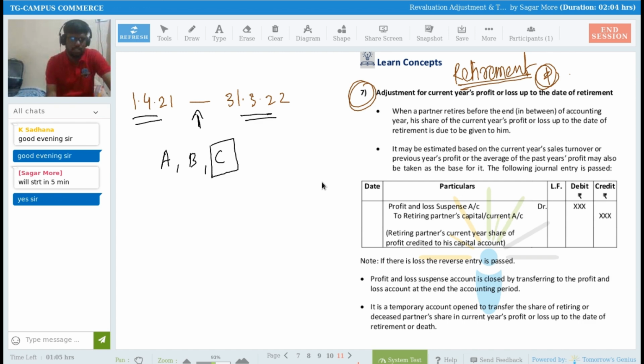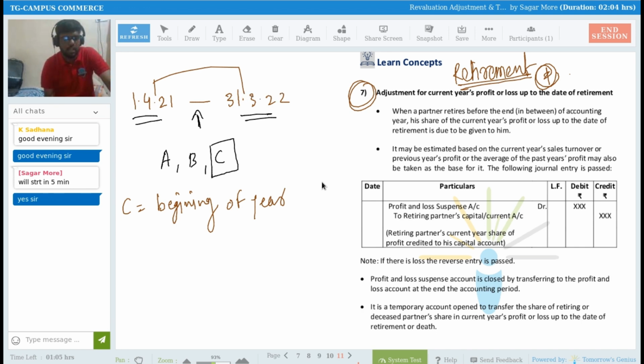See, if partner C is retiring at the beginning of the year, then he will not get any amount of profit of the current year. We are not supposed to give him any profit share from the current year, because he is retiring on 1st of April 2021.